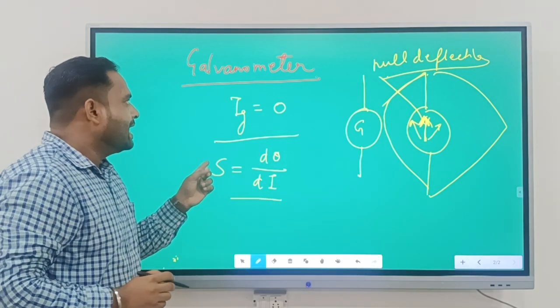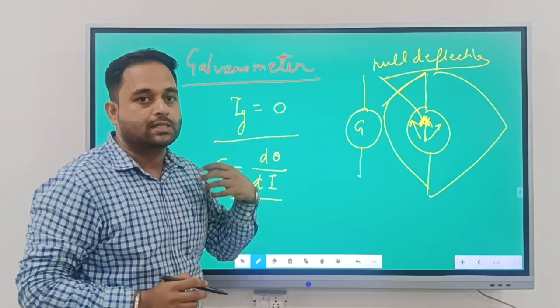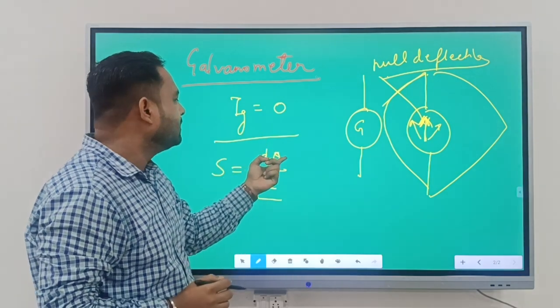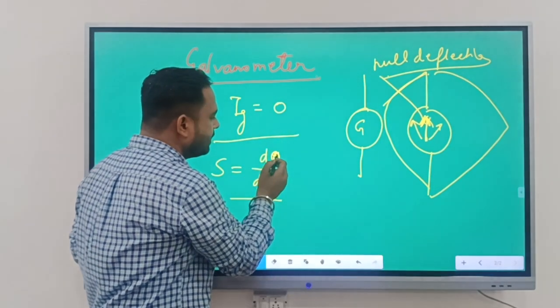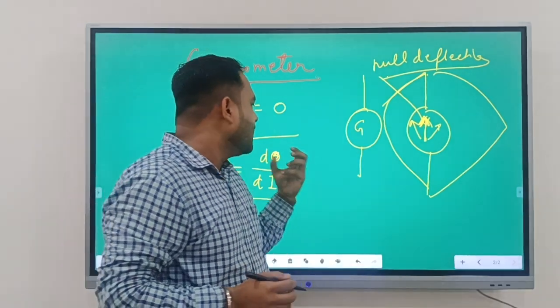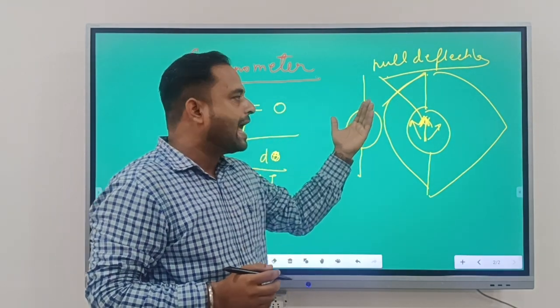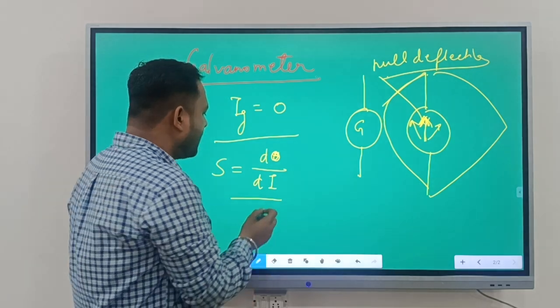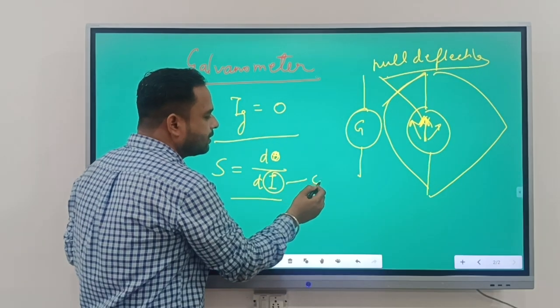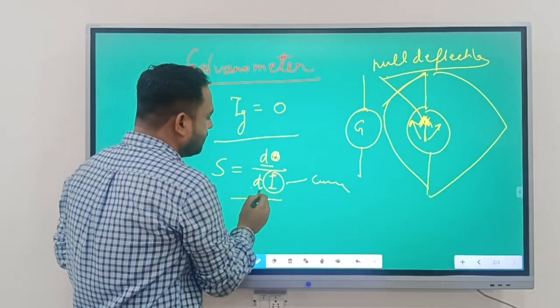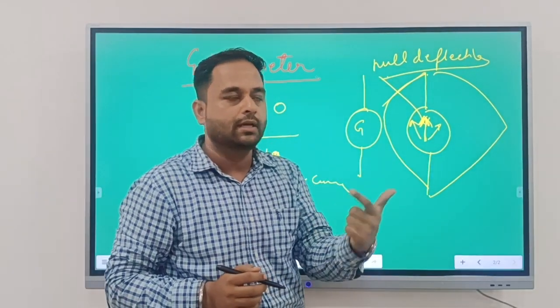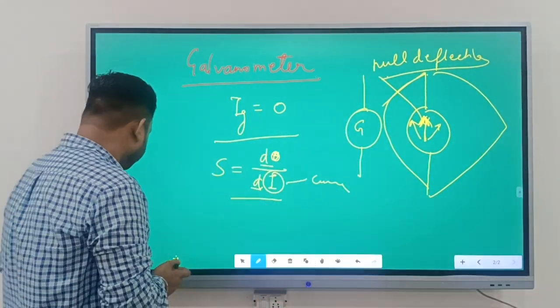Right? S indicates the sensitivity of the galvanometer. d theta is basically the change in angle of the needle, and dI is the change in current. d defines the change. Alright.